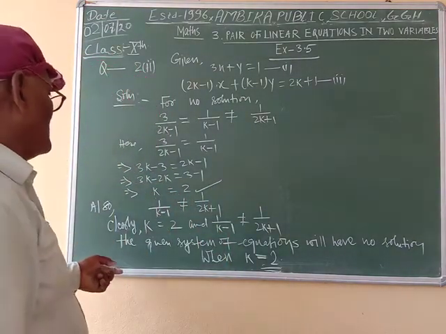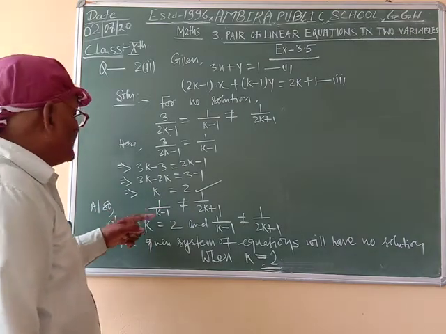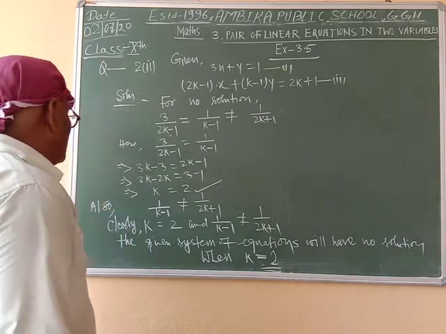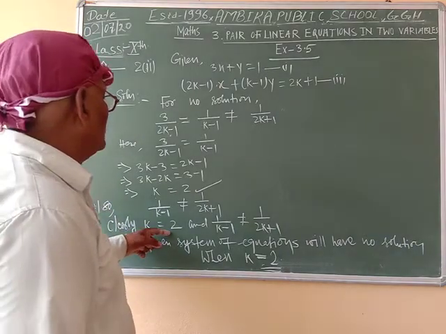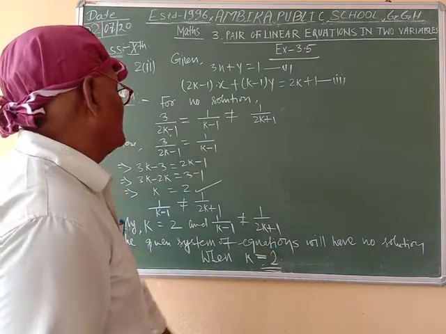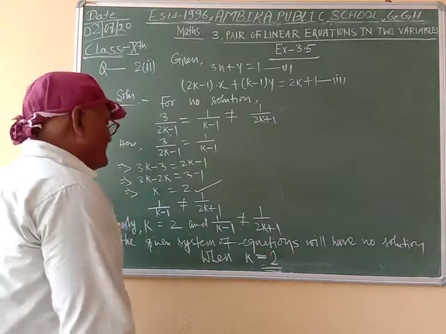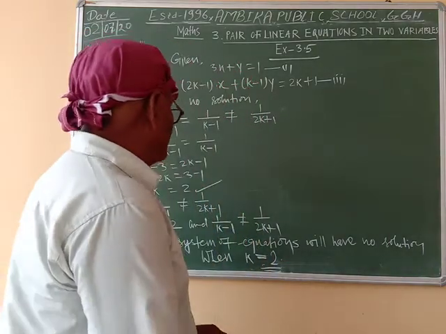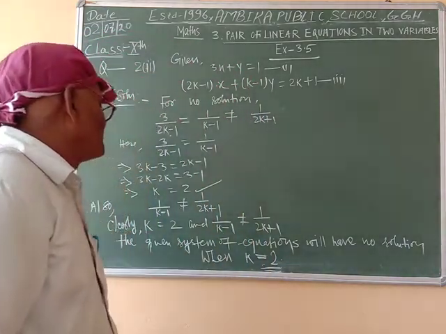Also we are given 1 by k minus 1 is not equal to 1 by 2k plus 1. Clearly k बराबर 2 and 1 by k minus 1 is not equal to 1 by 2k plus 1. So the given system of equations will have no solution when k बराबर 2.